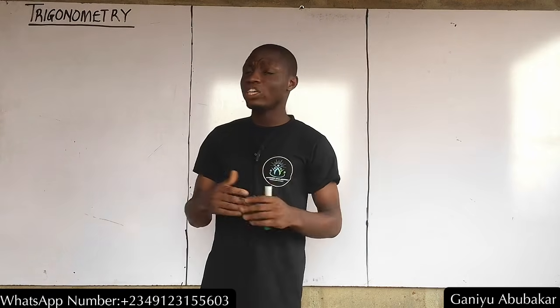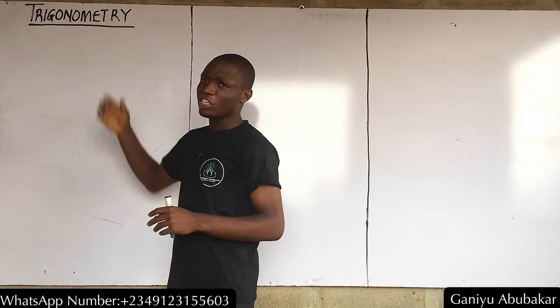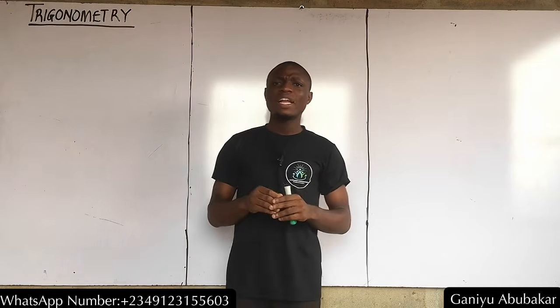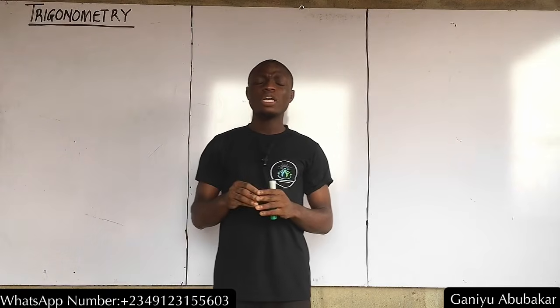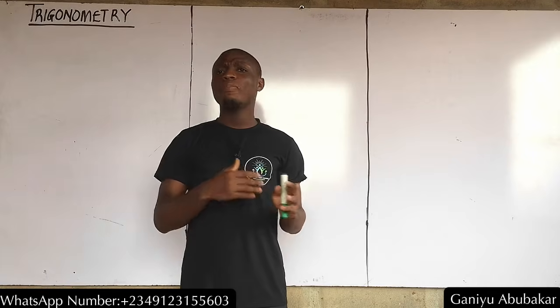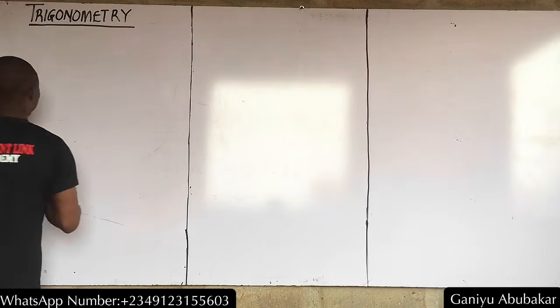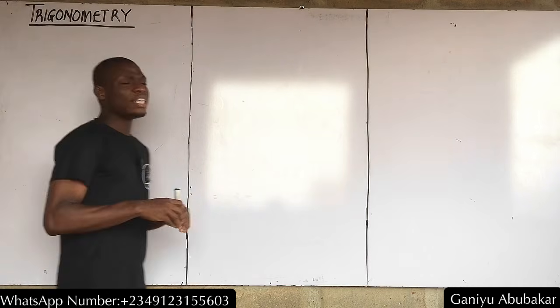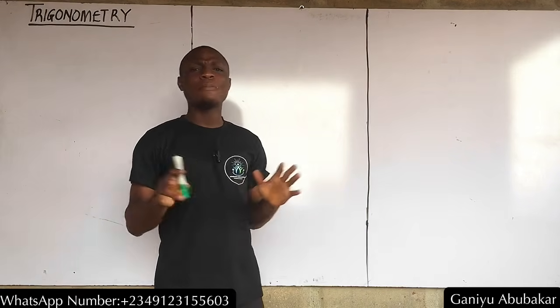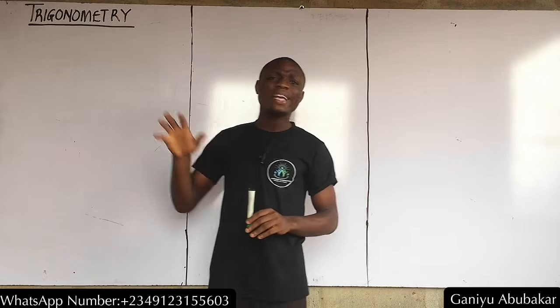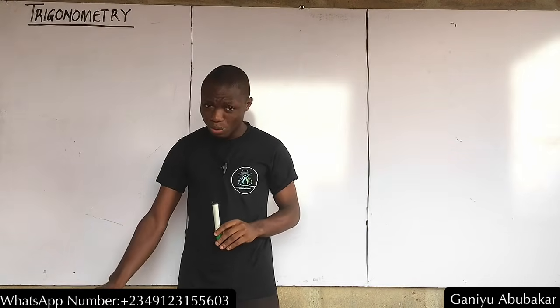Having understood the concept behind the definition of trigonometry, let's understand something called the hypotenuse, opposite, and adjacent. When it comes to trigonometry, the basic diagram I'll be making out is the right angle triangle. Why?